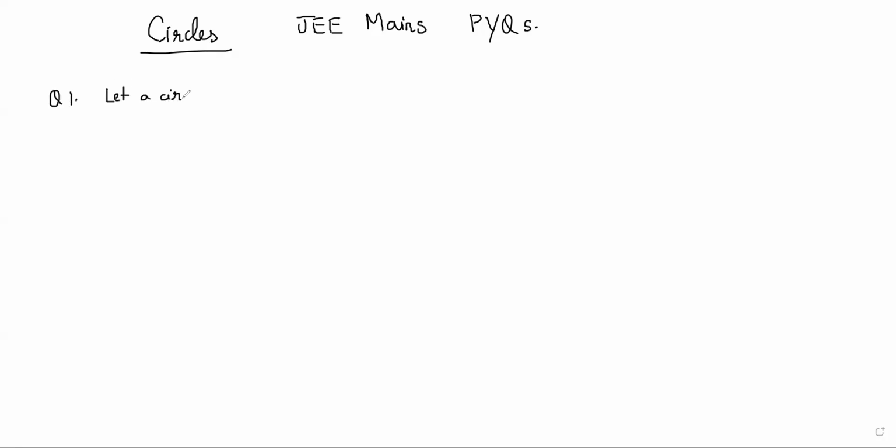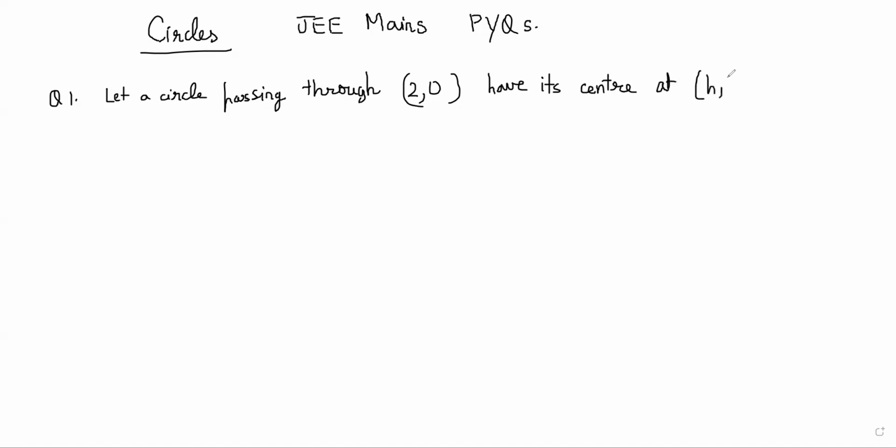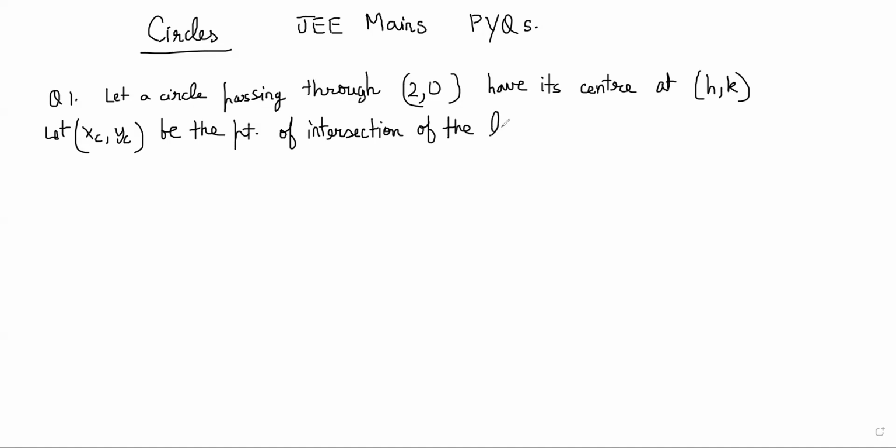Let a circle passing through 2, 0, have its center at H, K. Now let xc, yc be the point of intersection of the lines 3x plus 5y equals 1 and 2 plus c times x plus 5c square y equals 1.